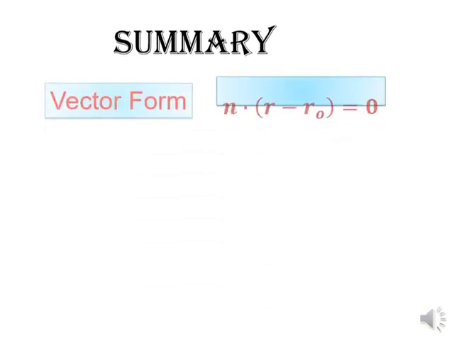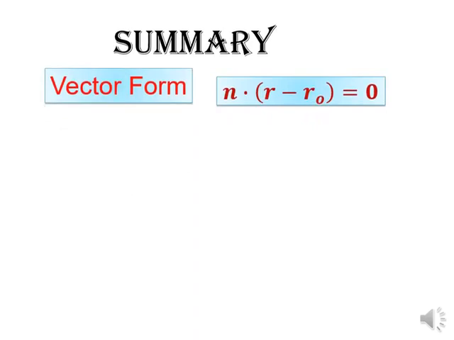So in summary, we have looked at the vector form of the equation of a plane, where n is a vector which is normal to a plane, r is a position vector of any point x, y, z which is in a plane, and r naught the position vector of a known point in a plane.